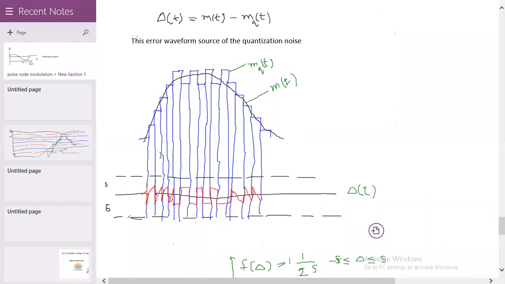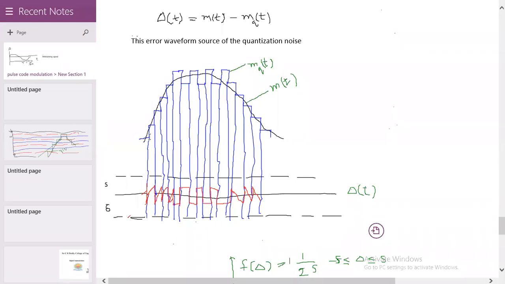From that, the red colored waveform indicates the error signal. Here this error signal is in between plus and minus. Here we can observe that this is a step signal. There is no restriction here, that is extended up to less than plus s and less than minus s.